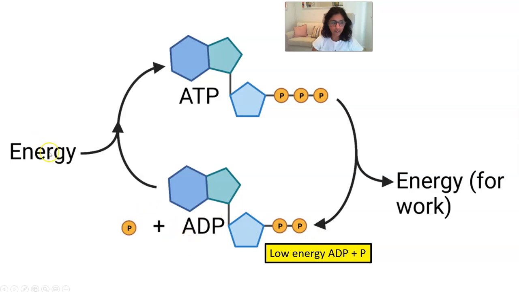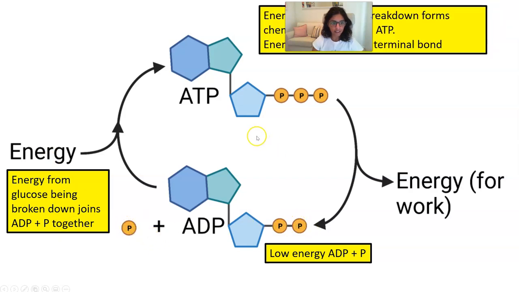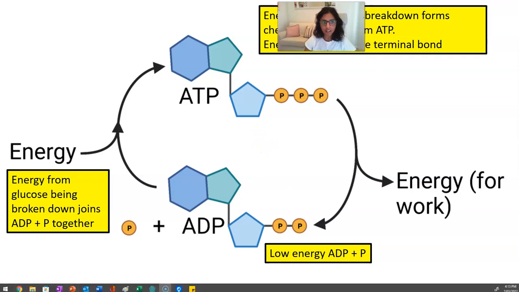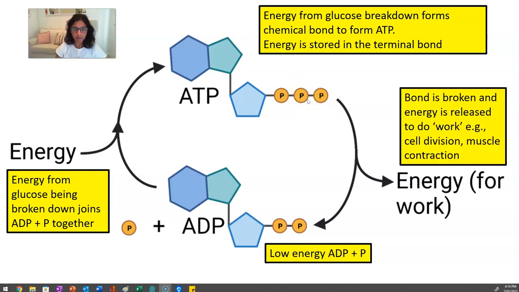When we get energy from food, that energy allows this phosphate to join on to the end here. Now, when that joins on, we get ATP, or adenosine triphosphate, forming. And again, most of that energy is in that end bond.